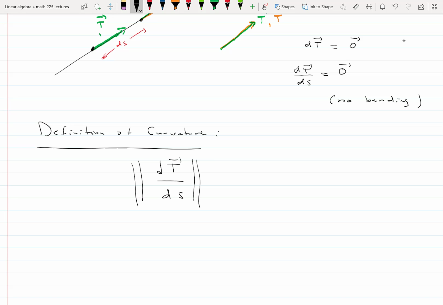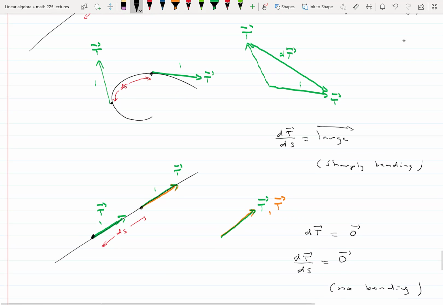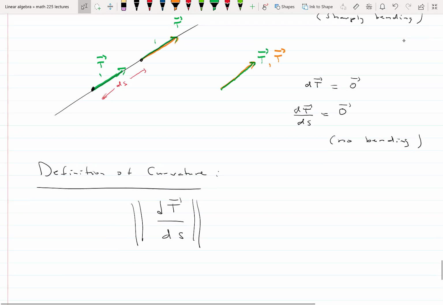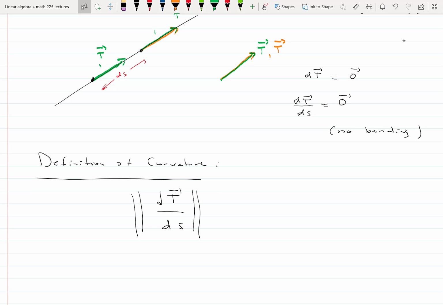dT/ds gave us a vector which really nicely described curvature, except it gave us a vector every time, a large vector, a small vector, or the zero vector. Take the length of that vector, and we have something called curvature. Now, for curvature, the symbol is kappa, the Greek letter kappa, which I can't really distinguish in my writing from the small k.